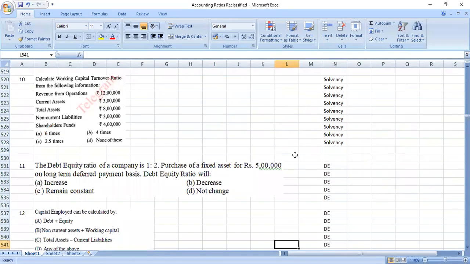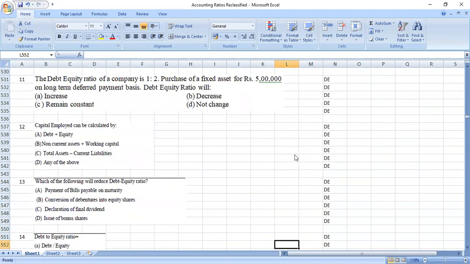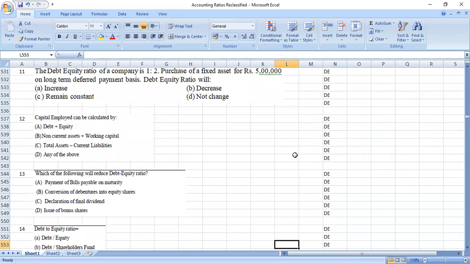All right, children, moving forward. The debt equity. Now we're going to be jumping from all the basic solvency questions to the debt equity ratio related questions. 1 or 2 questions might be from here and there, but most of them are debt equity related questions. Debt equity ratio for company is 1:2. Purchase of fixed asset for 5 lakh on long-term deferred payment basis. What will happen to the debt equity ratio?